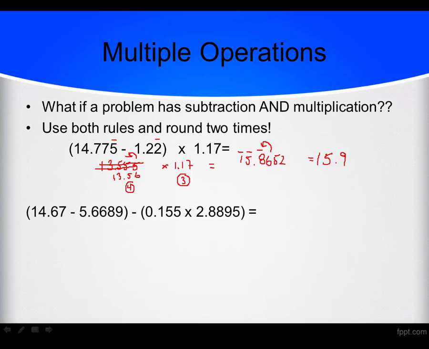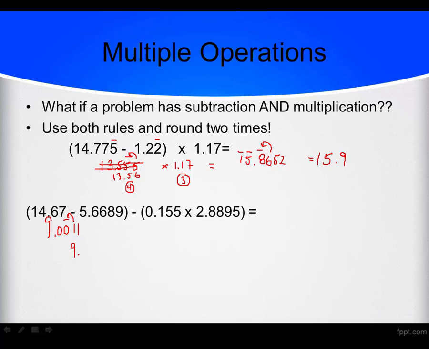With the next problem here, we've got to do what's inside of the parenthesis here, 14.67 minus 5.6689. Calculator spits out 9.0011. Can we use all those place values? No. It looks like hundredths place value is where I have to round to.